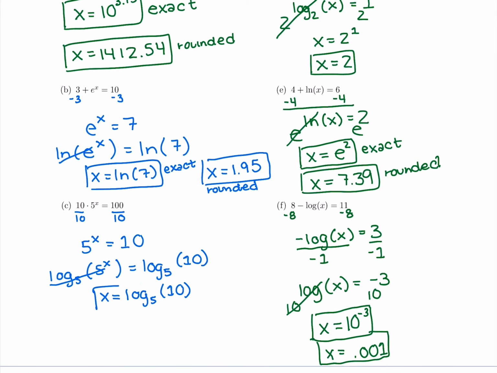There's my exact answer. Now to get the decimal answer depends upon what kind of calculator you have. So check on your calculator. If you hit math and scroll down to the letter A, so through all the past numbers to letter A says log base, and you can change the base of the log in your calculator to enter in this exactly.